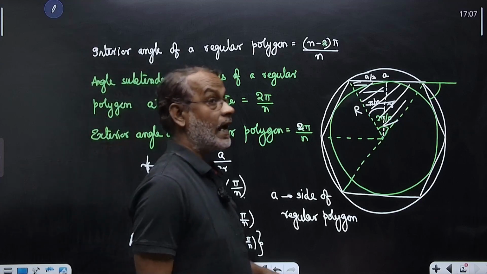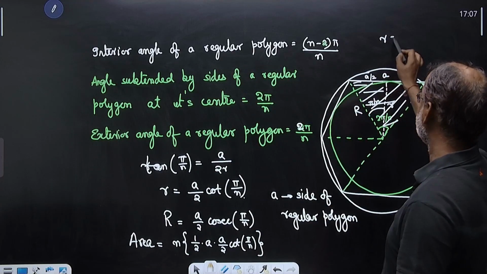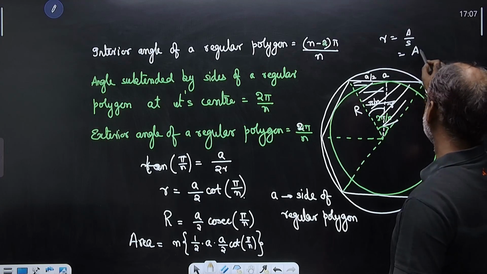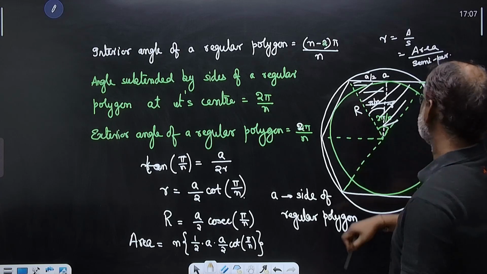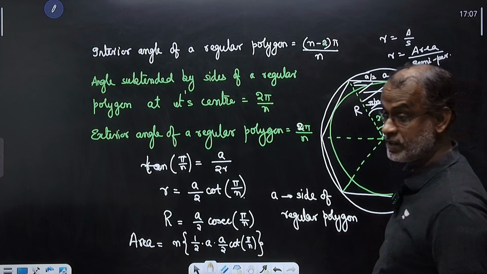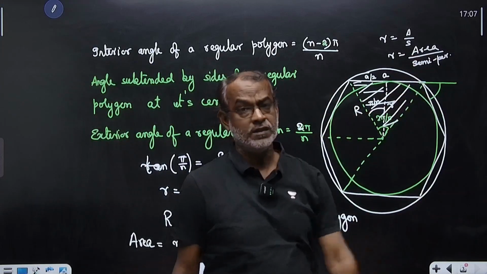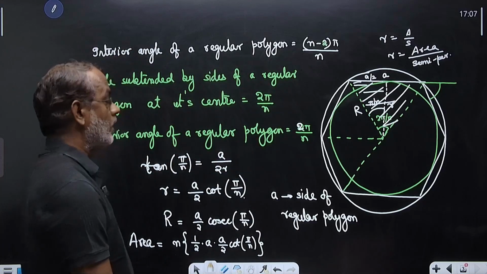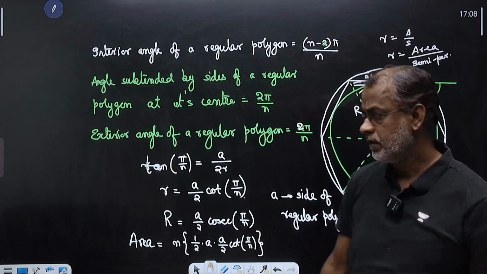In fact, for any polygon having an in-radius, this is going to be delta upon s, area upon semi-perimeter. Small r is always this. If a polygon has an in-circle, this is what the expression is, as in the case of a triangle. Okay, so these are some facts regarding regular polygons which we must be aware of.